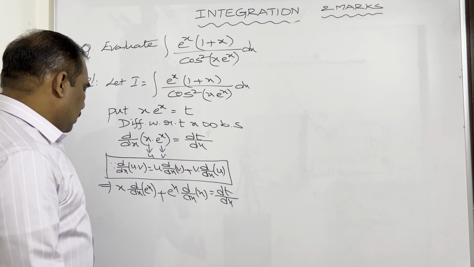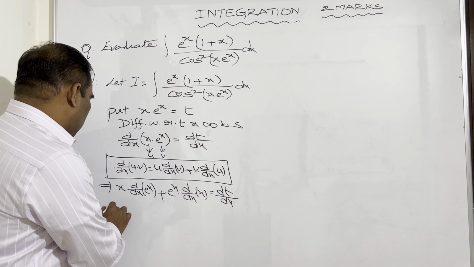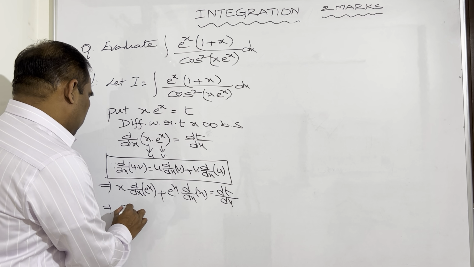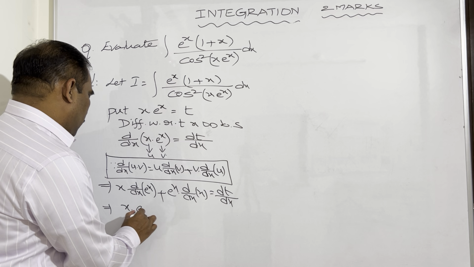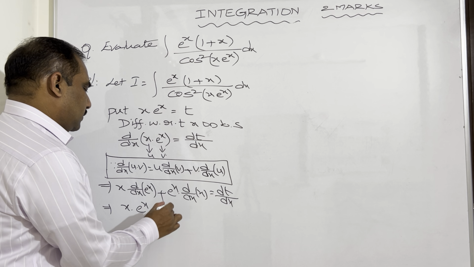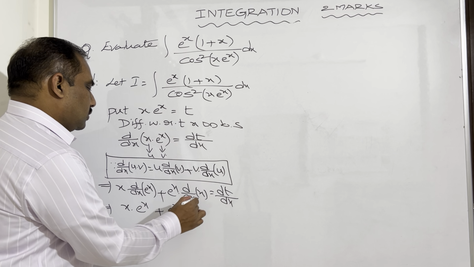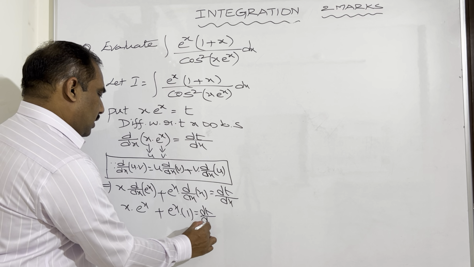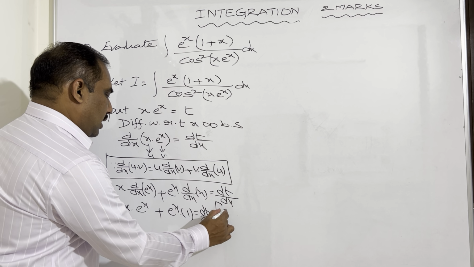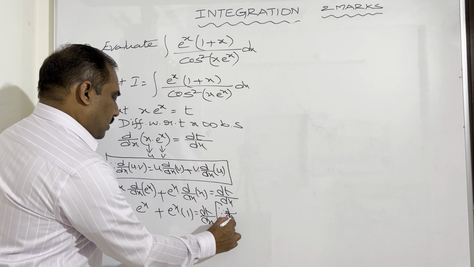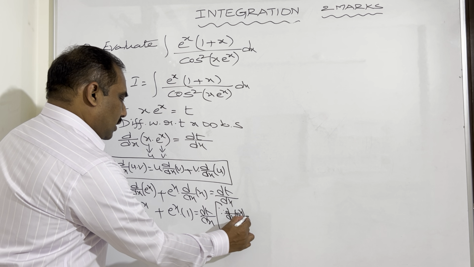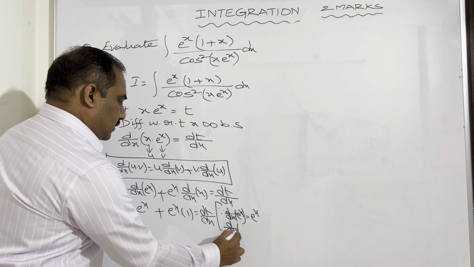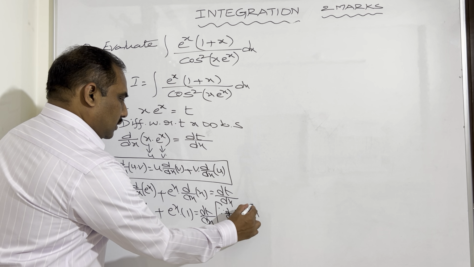Now we know the derivative of e^x is e^x, and the derivative of x with respect to x is 1.